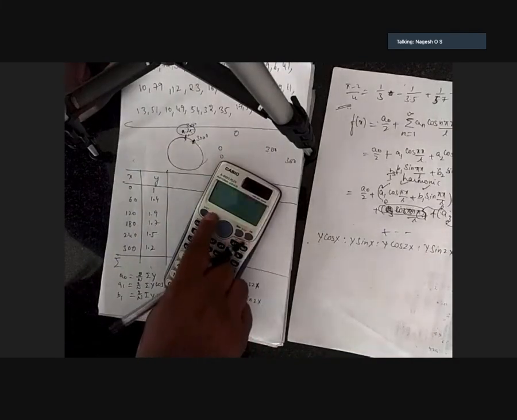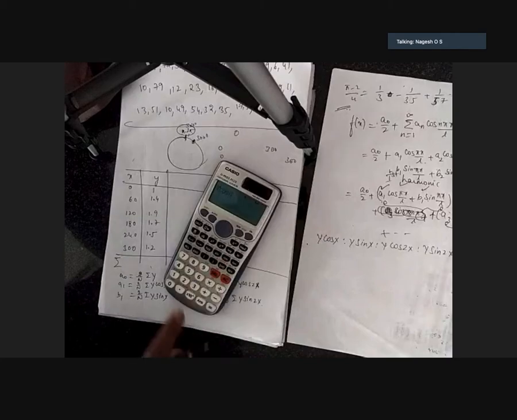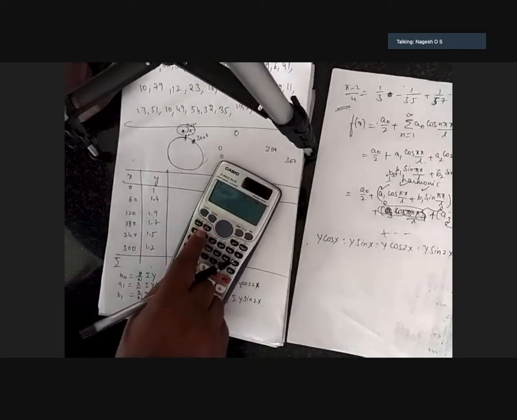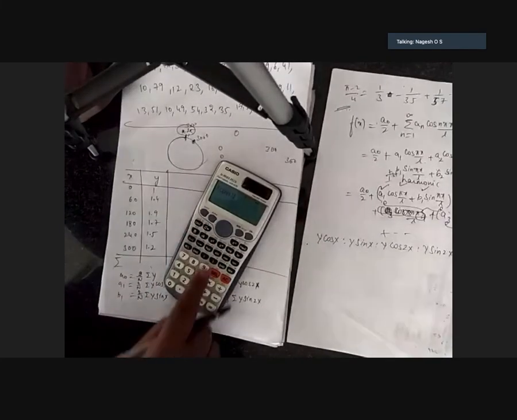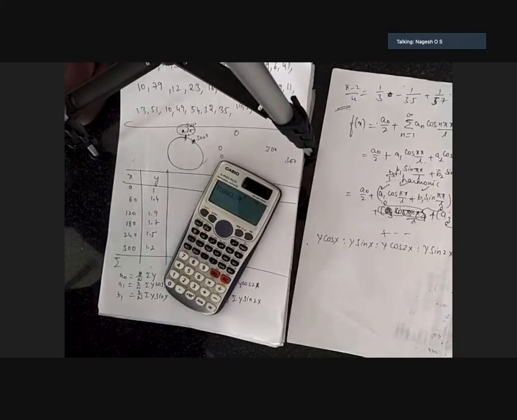How to give this? Alpha y cos here alpha x, close the bracket, colon. Below this alpha colon is there.